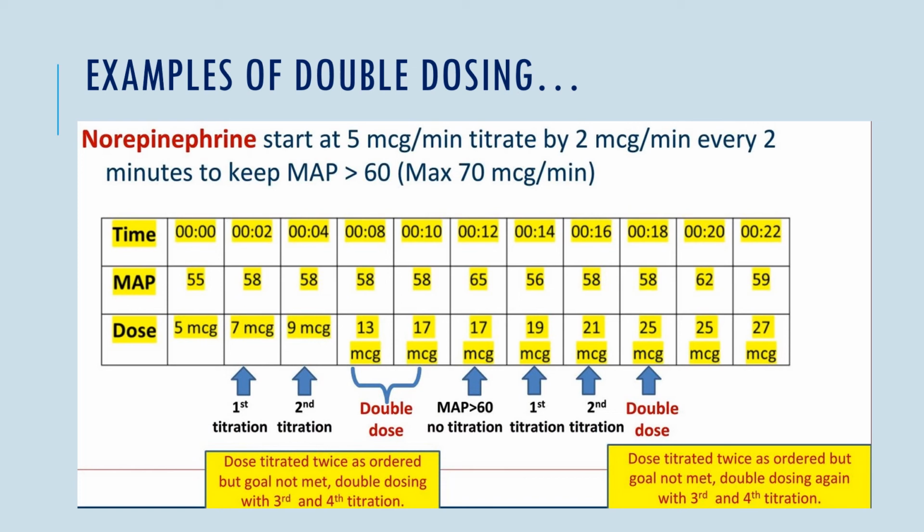The titration was stopped at 12:12 when the MAP reached 65, but at 12:14 and 12:16, the MAP went below 60 again, and so the titration was resumed per the original order. And then, at 12:18, after 2 doses, the MAP was still below 60, and so double dosing was done during this time, and will continue until the goal is reached.